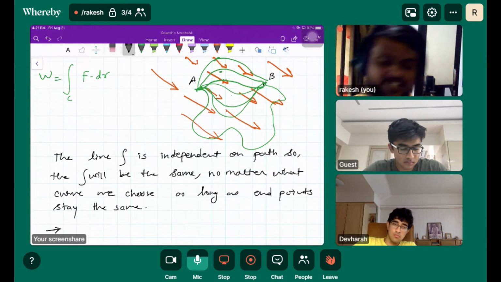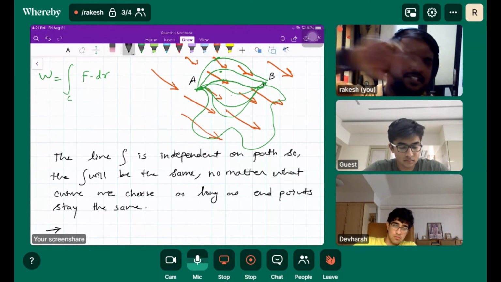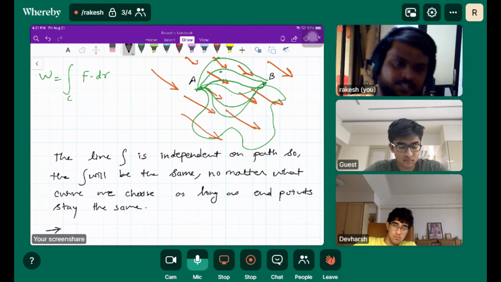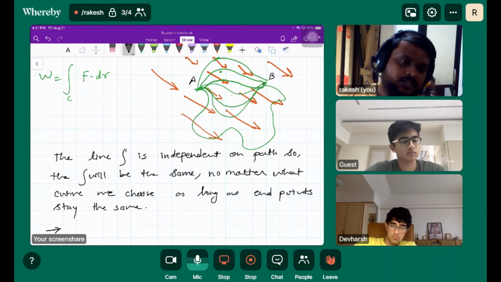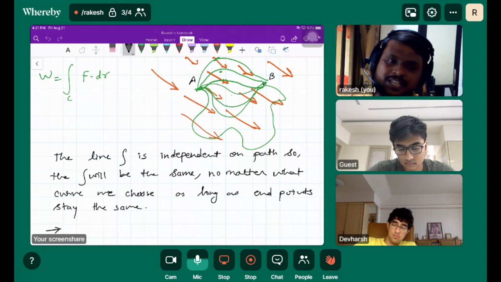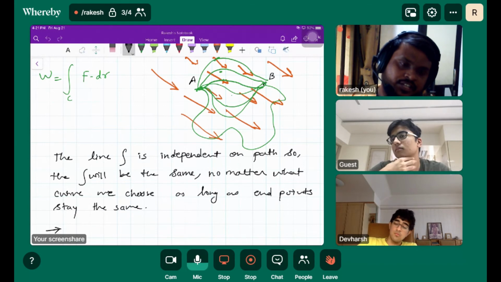Okay, so what is the advantage of having this conservative vector field? If this curve doesn't matter, means, are you getting that? If we want to move a particle from A to B, we can choose any path. The work done has to be the same, right? So what does not matter here is the path we choose. Are you getting that?